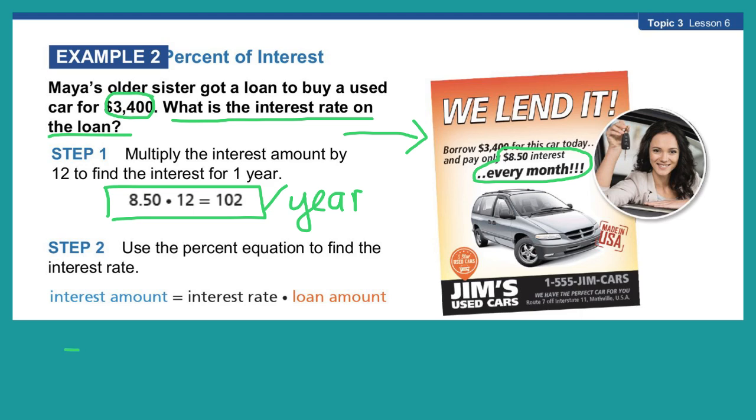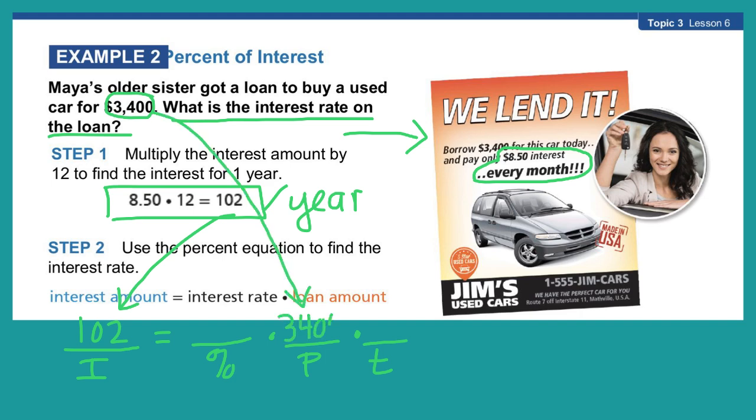All right, now I'm going to use my new and improved format. We're going to put the interest there, the rate, the principal, and the time. So my interest is $102. I don't know my rate, but I know 3,400 goes right there.